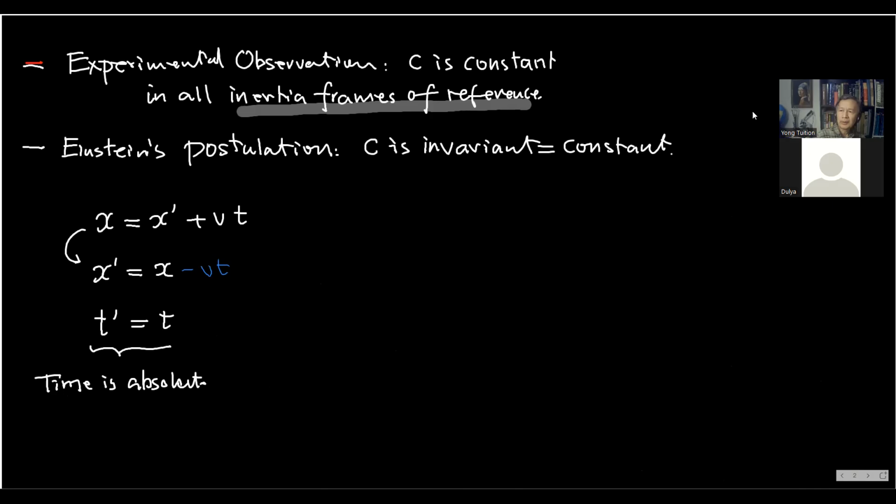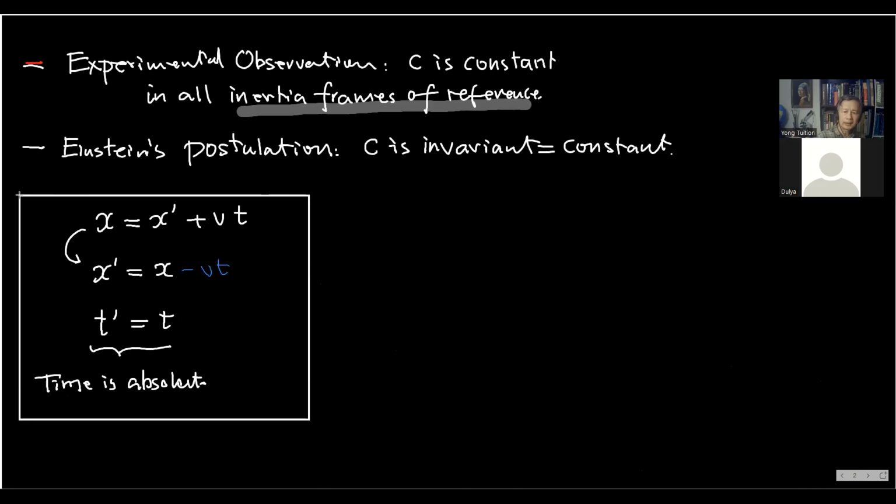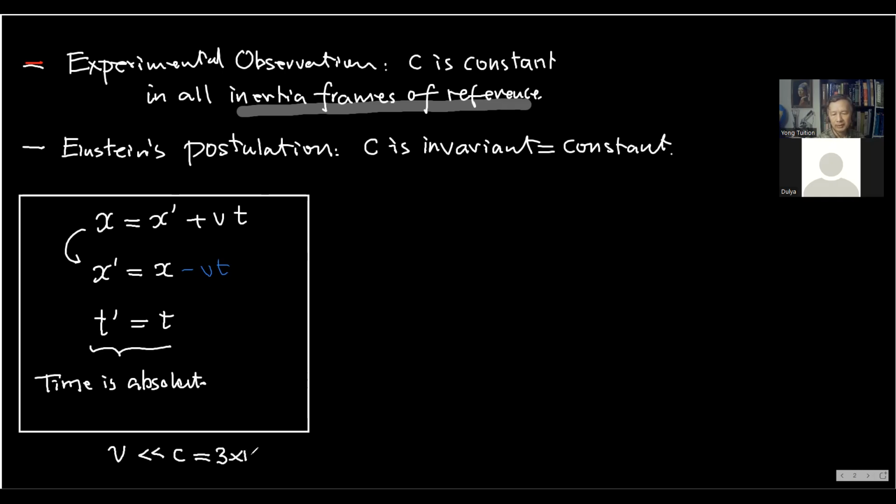Let's just draw the graph. These ideas are valid only when the relative velocity of the objects is much slower than light speed, which is a huge number. You know the number, right? That is in meters per second.